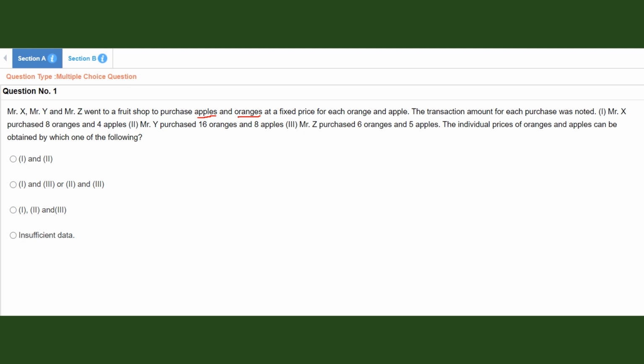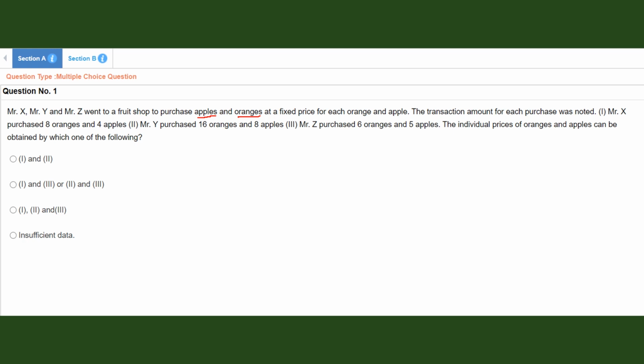Mr. X purchased 8 oranges and 4 apples. 2. Mr. Y purchased 16 oranges and 8 apples. 3. Mr. Z purchased 6 oranges and 5 apples. So the individual prices of oranges and apples can be obtained by which one of the following?